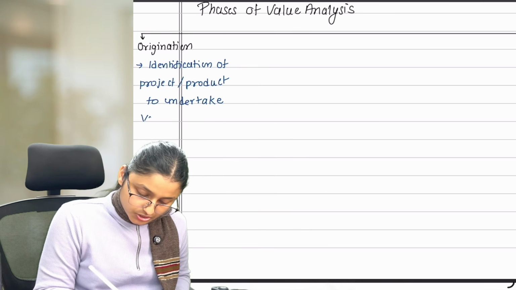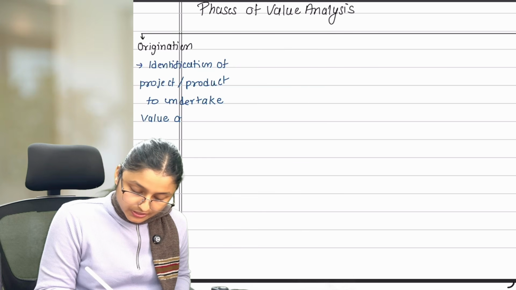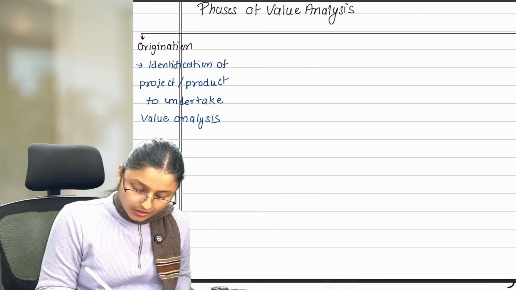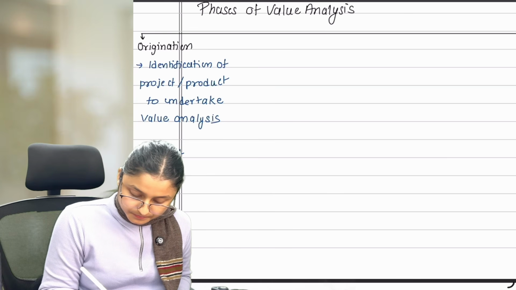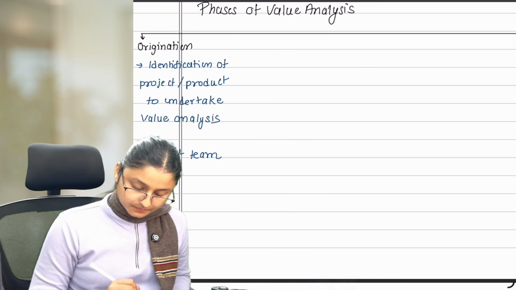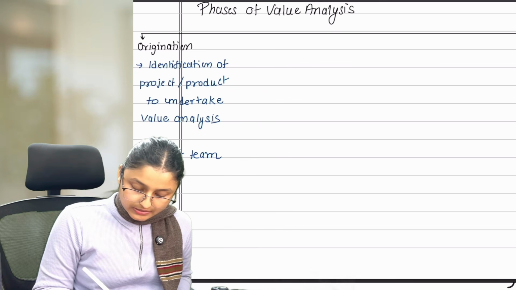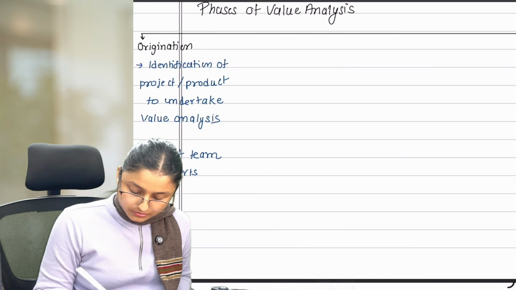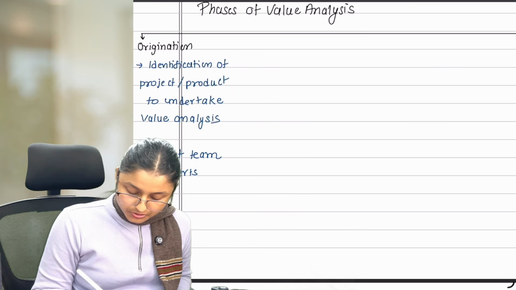So in the origination stage, we'll identify the project or product in which we are going to do value analysis, and then we'll select a team. This team will include experts and persons from various departments.